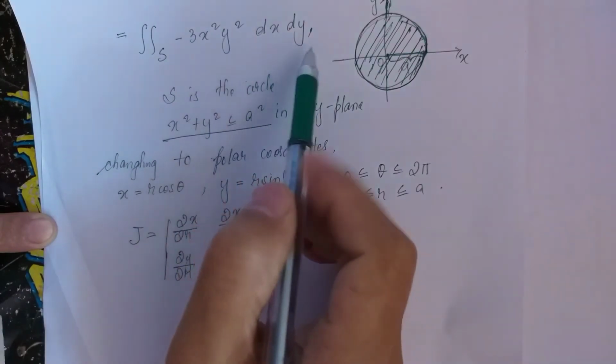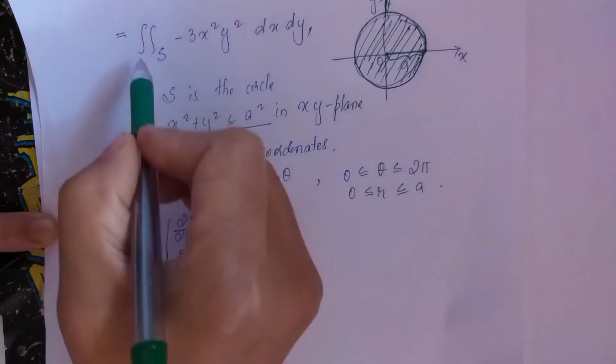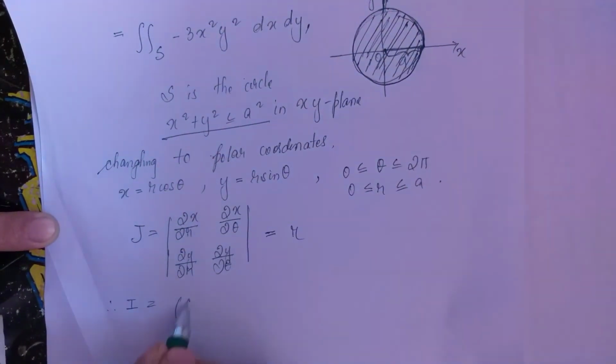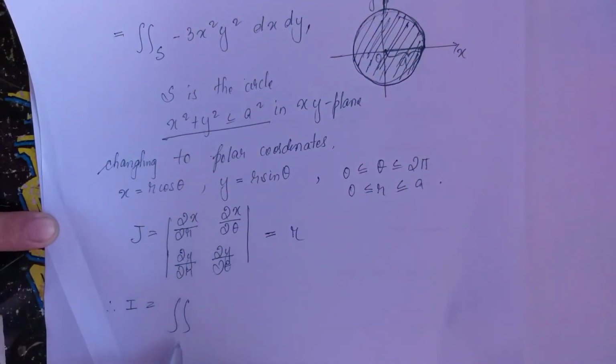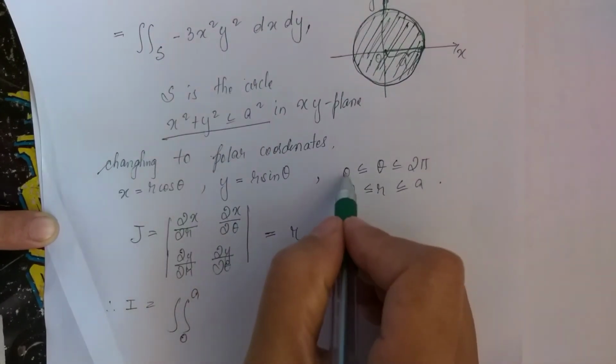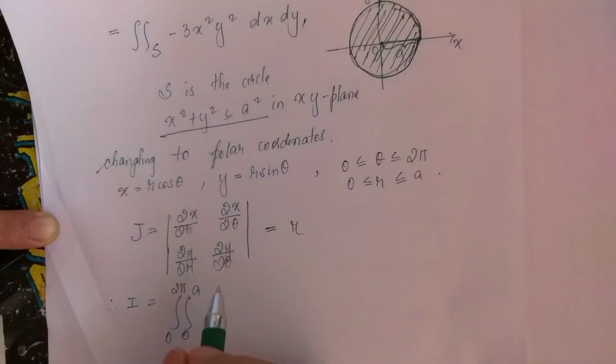Then this surface integral I will change to the integral for r from 0 to a, and theta from 0 to 2 pi.